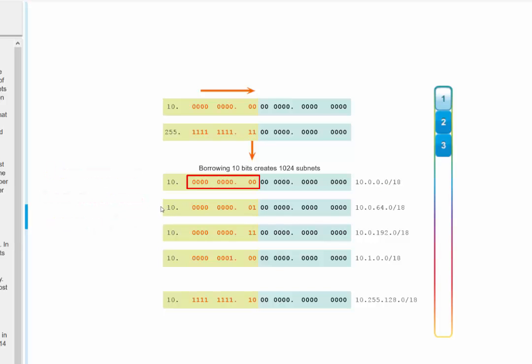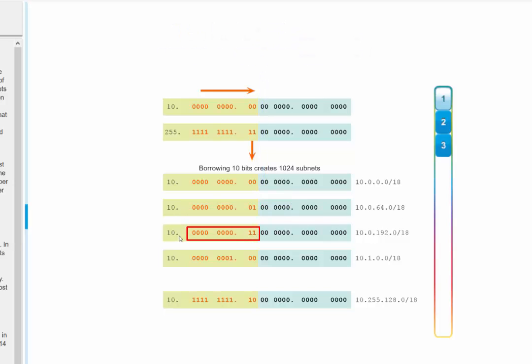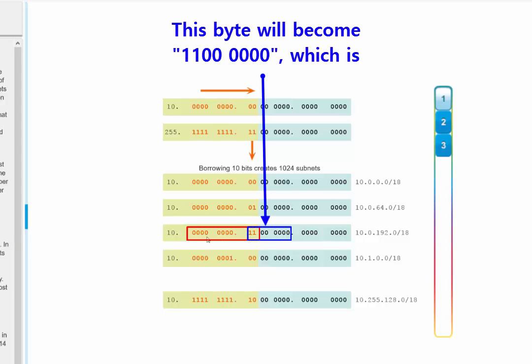In that case, this example here shows the subnetwork addresses. The first subnet will be to set the subnet number to zeros, and then the second subnet will be to set it to 1, and this number, remember, is 10.0.64.0, as we can see here, and then this one will be 11, which means 10.0.192.0.